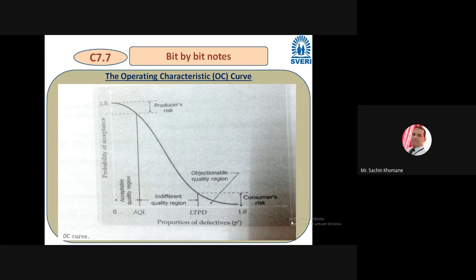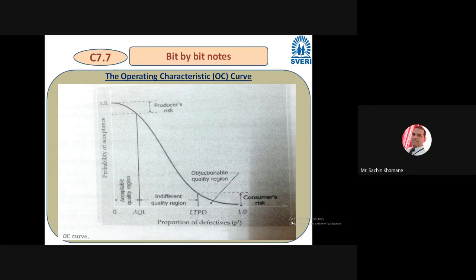If you see this operating characteristic curve, on the x-axis there is the proportion of defectives, and on the y-axis there is the probability of acceptance. So this graph is drawn from 0 to 1 limit probability.